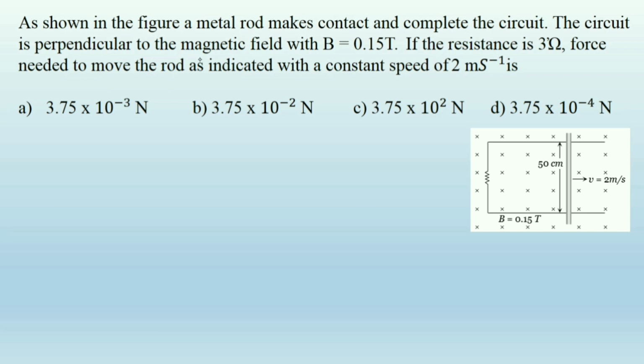The circuit is perpendicular to the magnetic field with B equal to 0.15 Tesla. If the resistance is 3 ohm, what is the force needed to move the rod as indicated with the constant speed of 2 meter per second? Let us observe this diagram here.